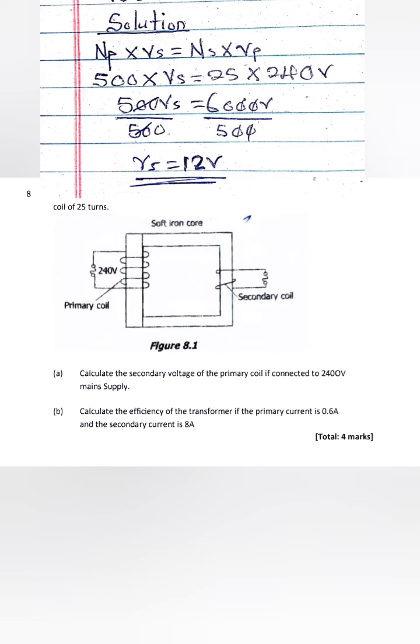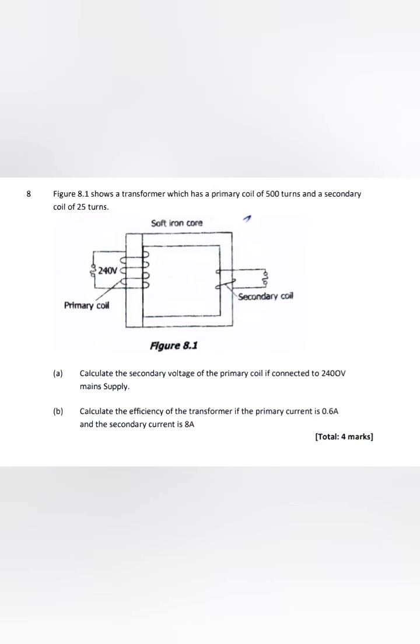So the next one is question B: calculate the efficiency of the transformer if the primary current is 0.6 amps and the secondary current is 8 amps.